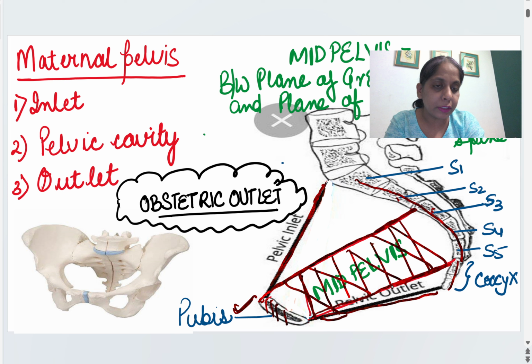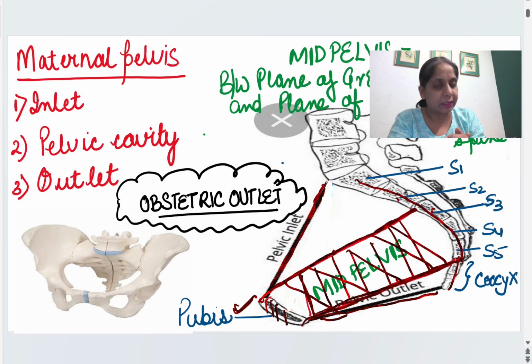It goes from the lower border of the pubis up till the S5 and coccyx junction. The area between the plane of greater dimension and the plane of least dimension is the mid pelvis. So this was asked.